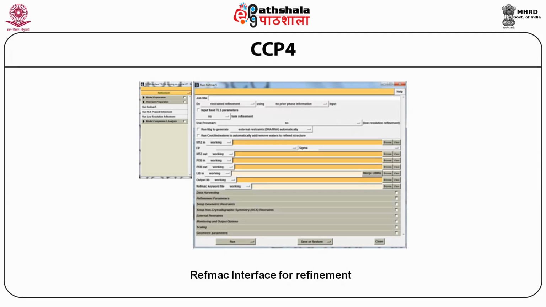For example, let us take the macromolecular refinement program called RefMac. So this is the interface for RefMac program. Like that, whatever program you are going to execute, which I will detail later, we have these windows appearing, and you can enter the input.